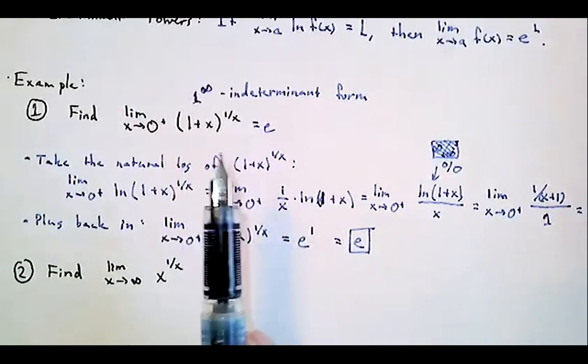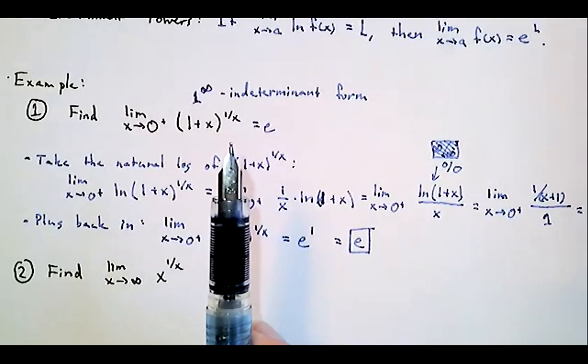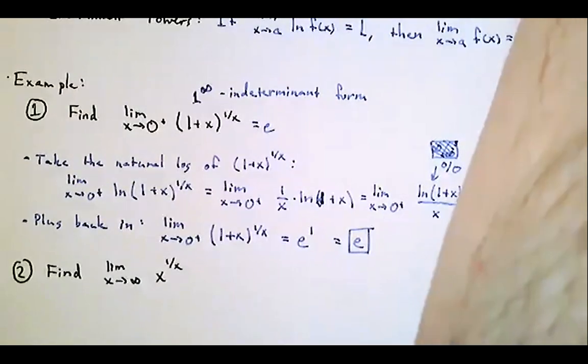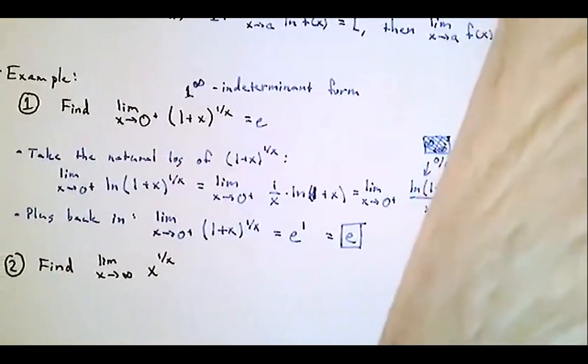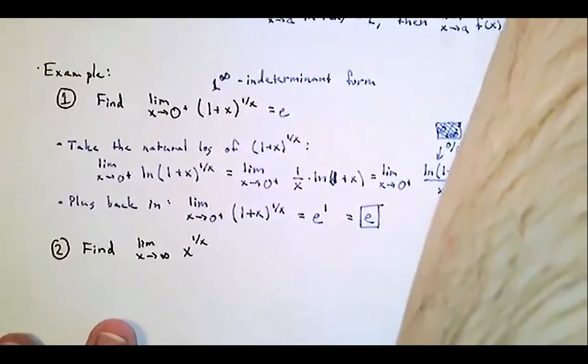So in this particular class, we had a kind of complicated definition for the natural logarithm, and then we use that to define the number e. Sometimes you do it the opposite way.